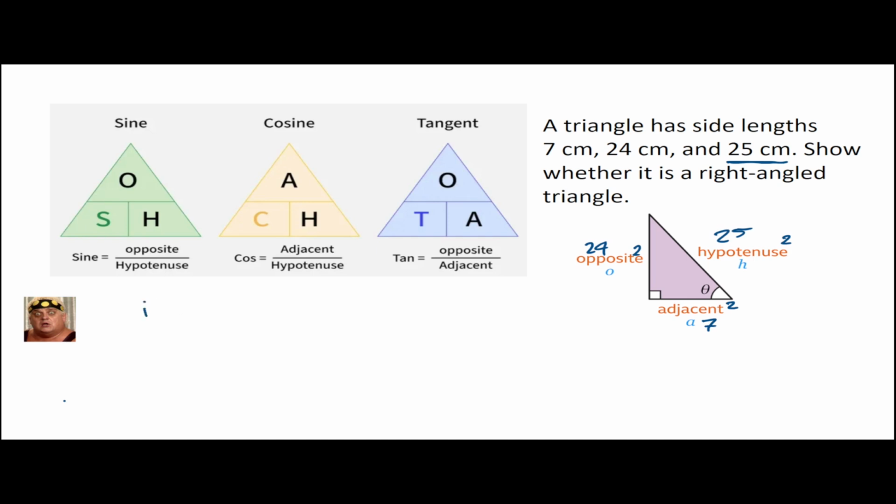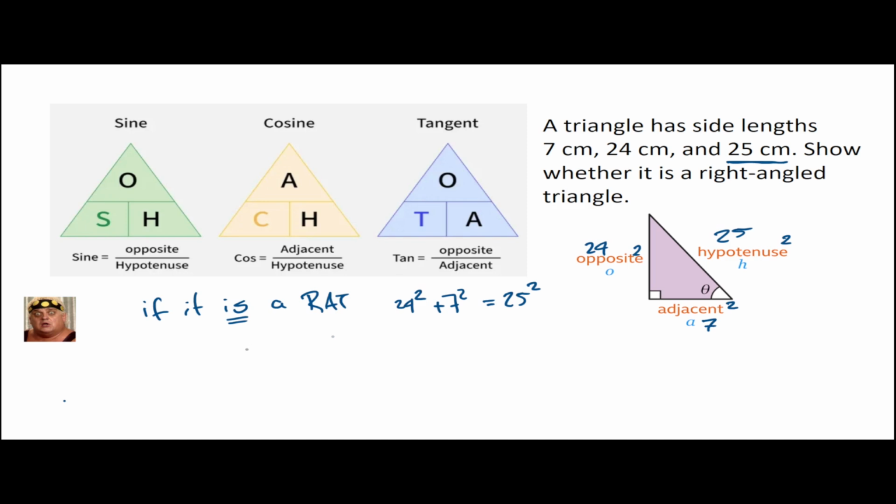If it is a right angle triangle, then 24 squared plus 7 squared would equal 25 squared.